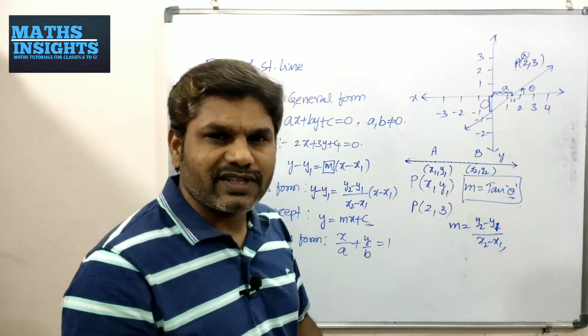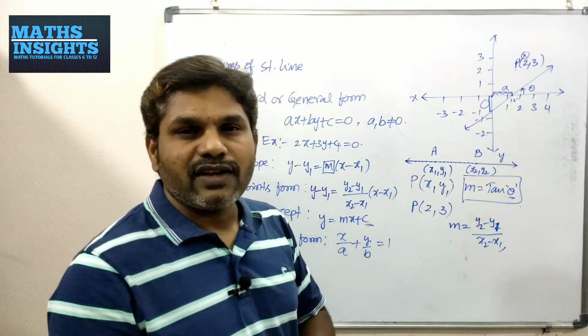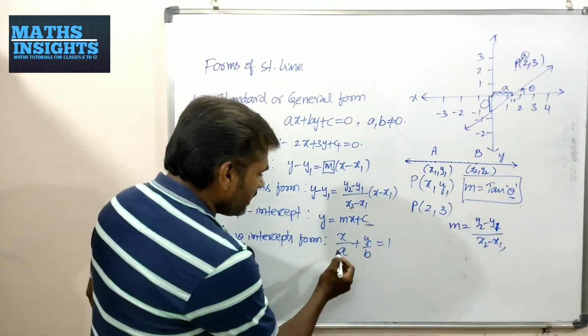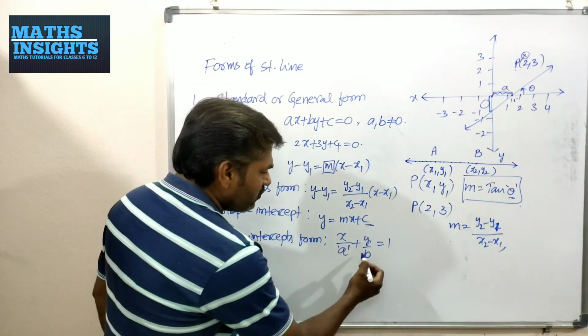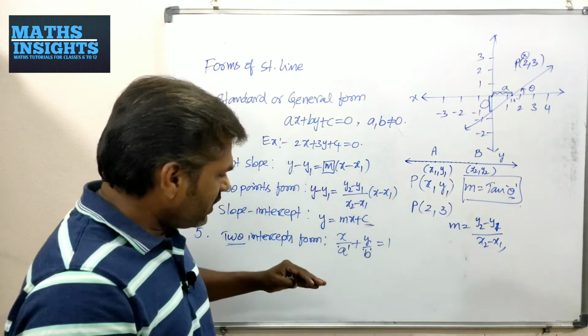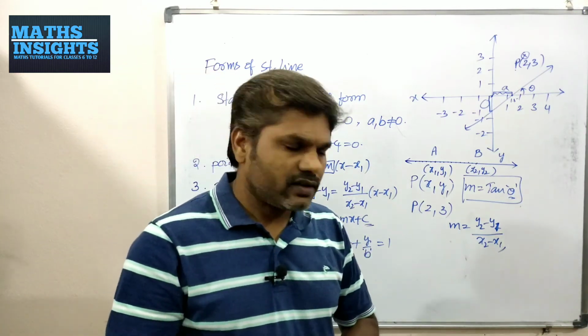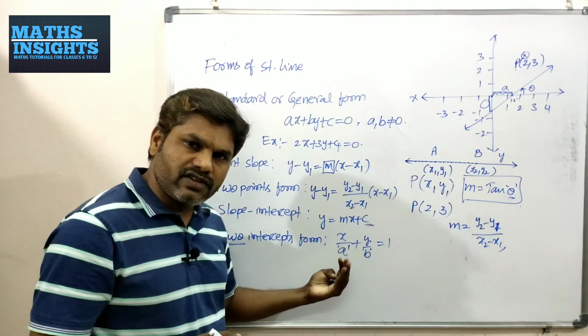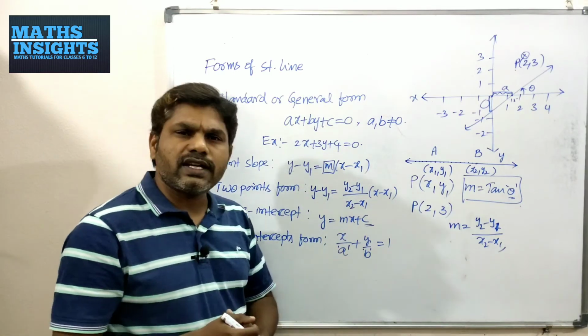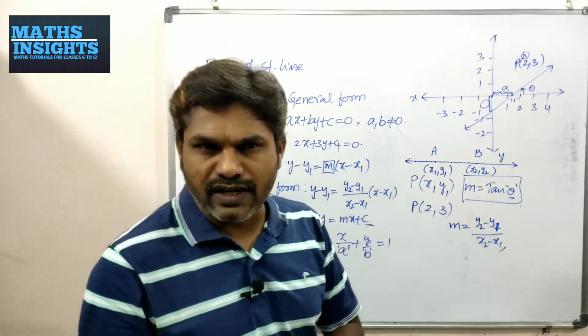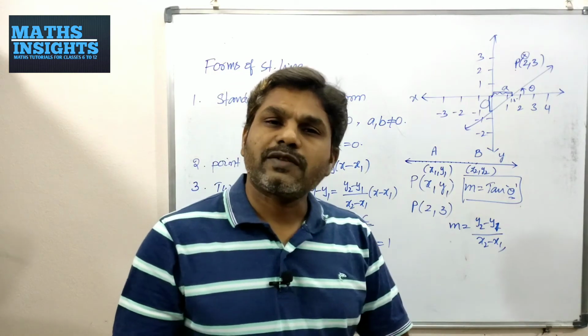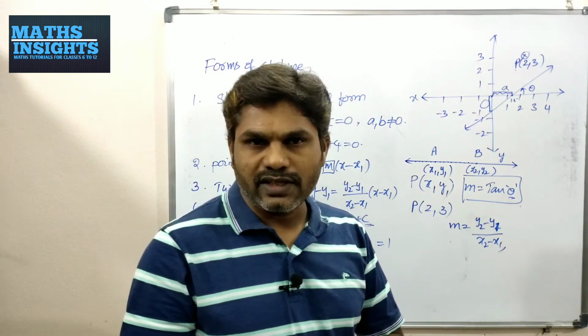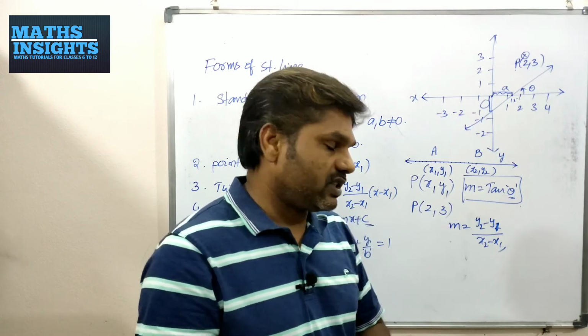Here x intercept is a and y intercept is b. When a and b values are given and if you substitute in this equation, then you will get the equation of a straight line whose two intercepts are a and b. This is also very important.